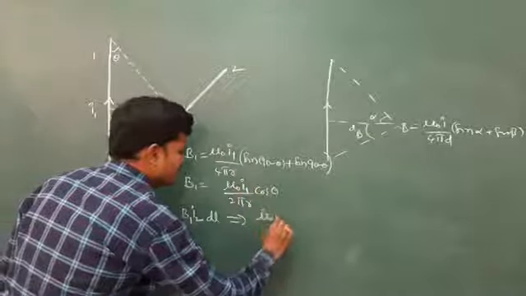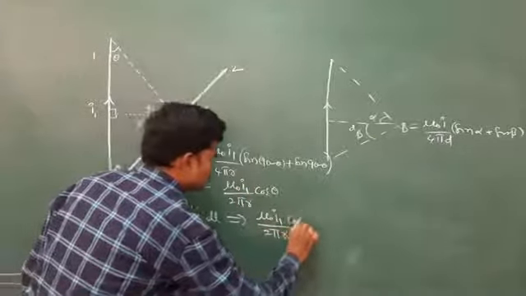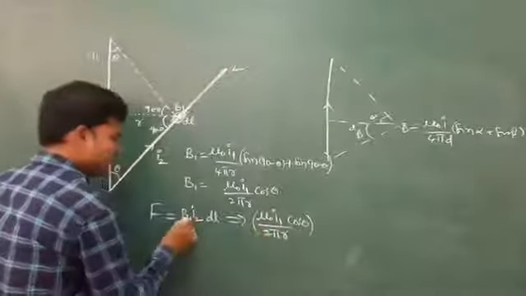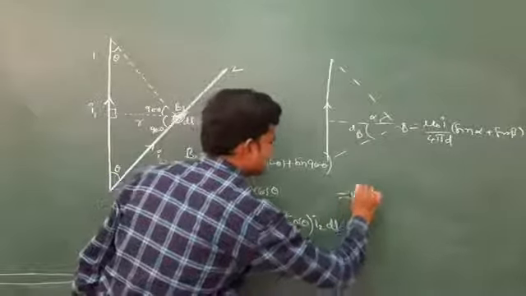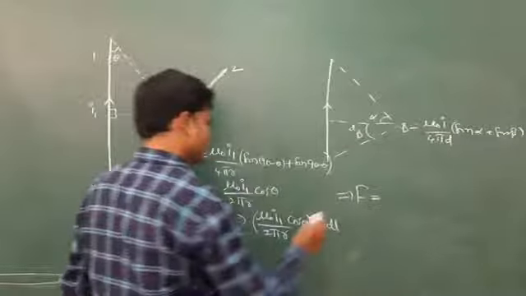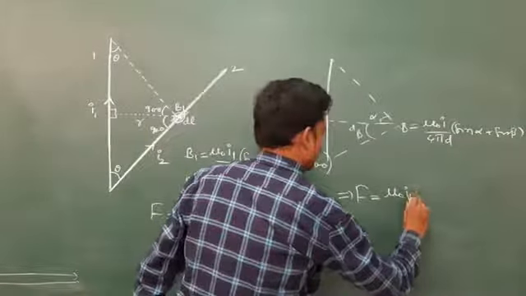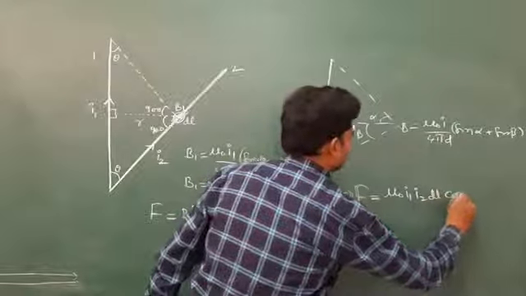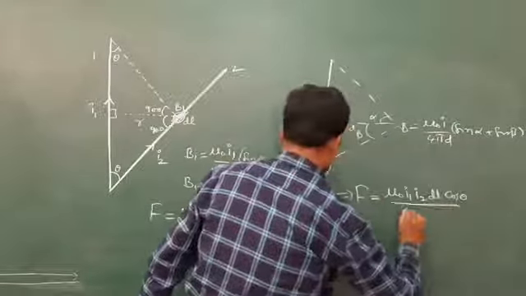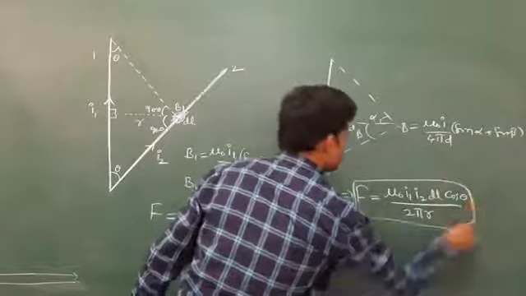Mu naught I1 by 2 pi r cos theta is B1, I2 dl. Now the resultant answer is force on small elemental length is mu naught I1 I2 dl cos theta by 2 pi r. Verify all these calculations.